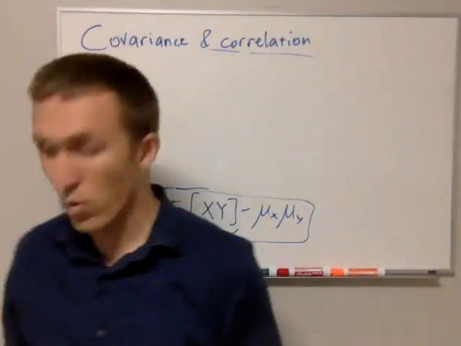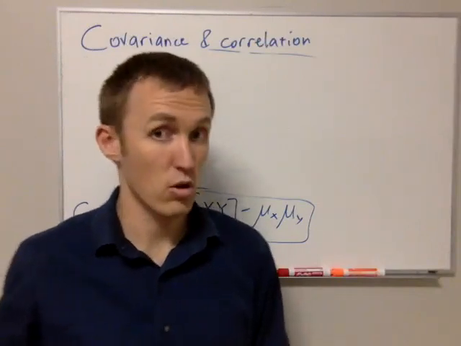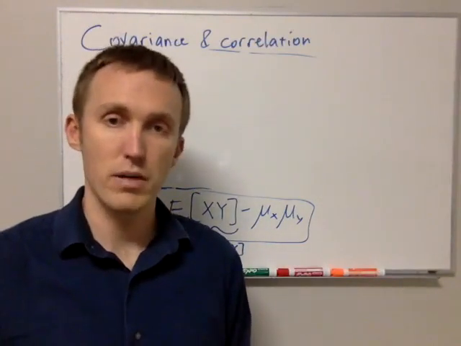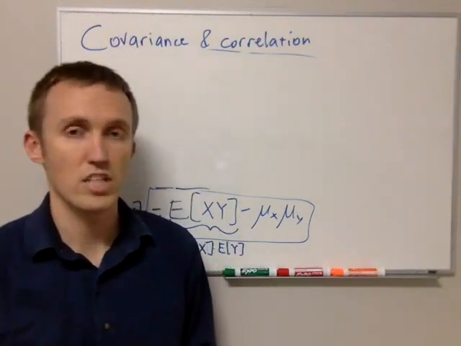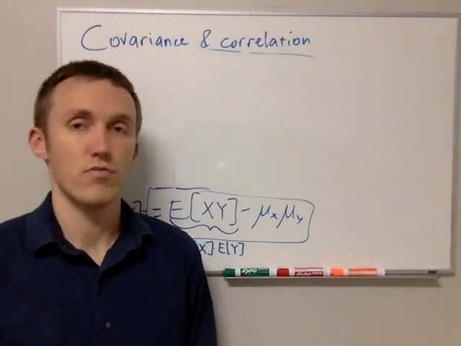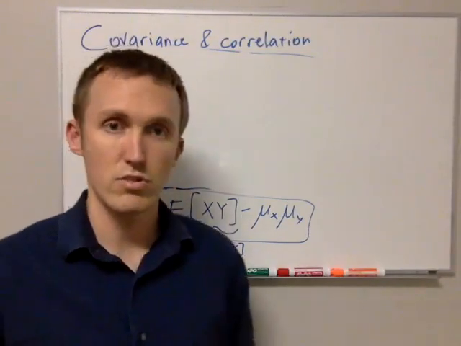Okay, so now how about correlation? We've talked about covariance, how one variable covaries with another variable, and that's going to be important when we come to talking about variograms, where we'll be trying to estimate how variables vary with other variables. But let's also talk about correlation.